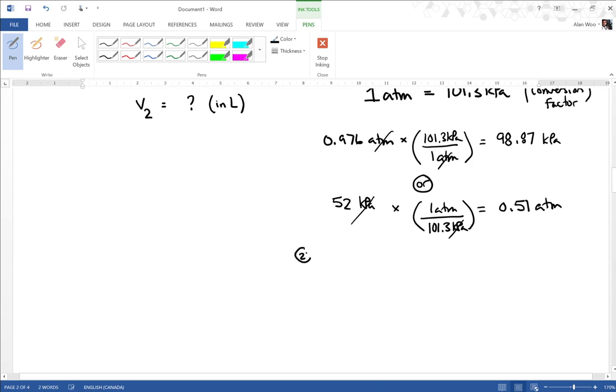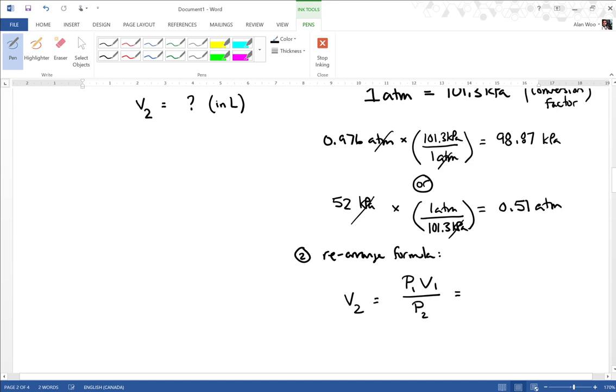So step 2 is just rearrange your formula so that it's set up to find what we're looking for. In this case, in order to find V2, we have to take P1 V1 divided by P2.